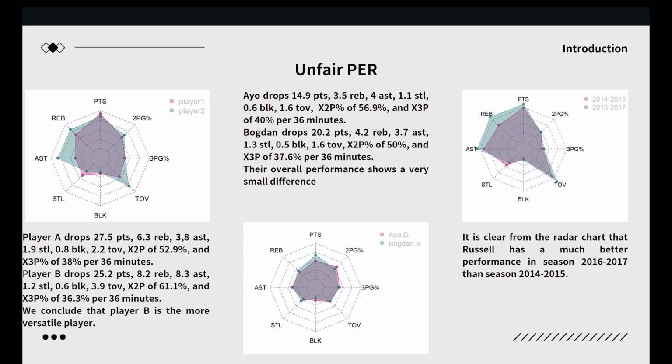Player B drops 25.2 points, 8.2 rebounds, 8.3 assists, 1.2 steals, 0.6 blocks, 3.9 turnovers, and so on.